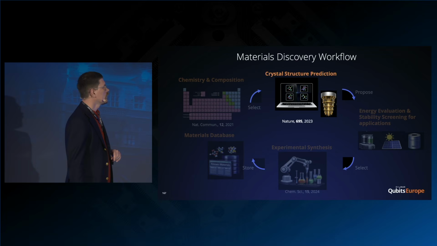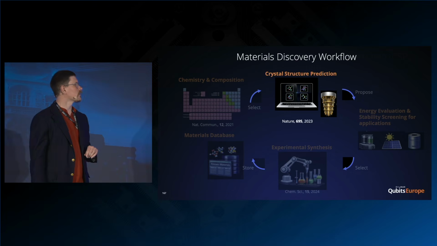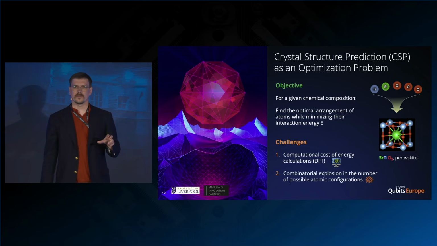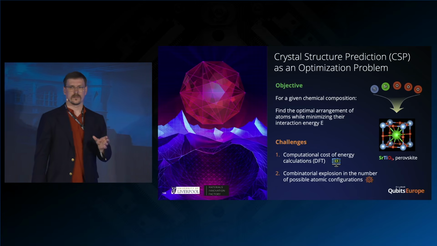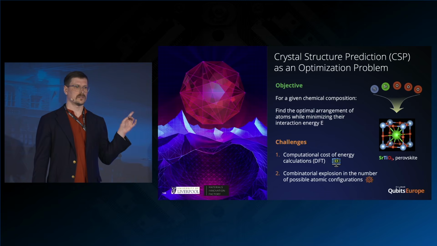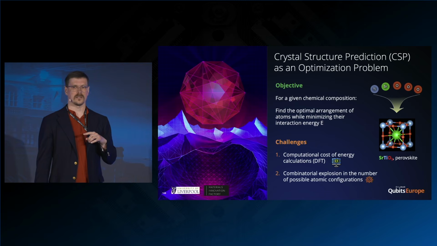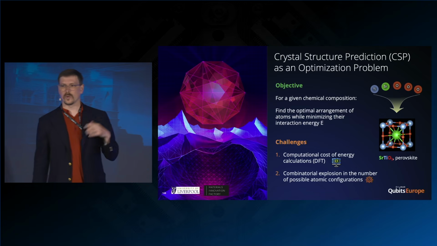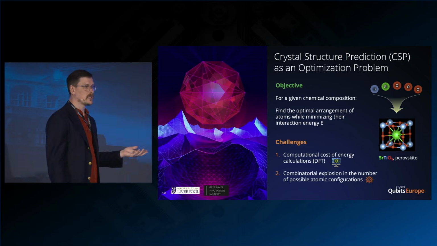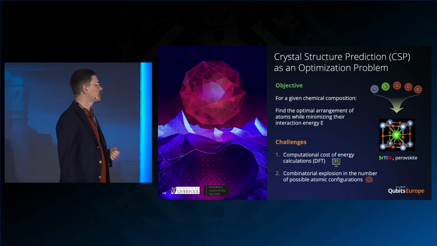So how can we predict structures of crystalline materials? Okay? You can approach this problem from many different perspectives and angles, right? But I really like this one, which is based on optimization and our physical understanding of the world, right? We know that the atoms should form an arrangement which minimizes their interaction energy, right? So this is what typically happens.